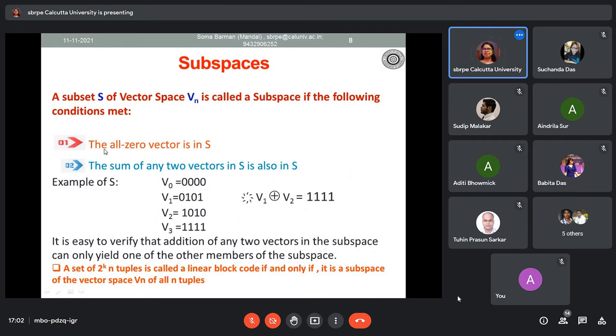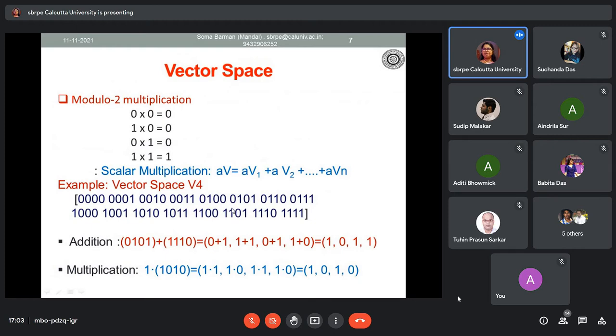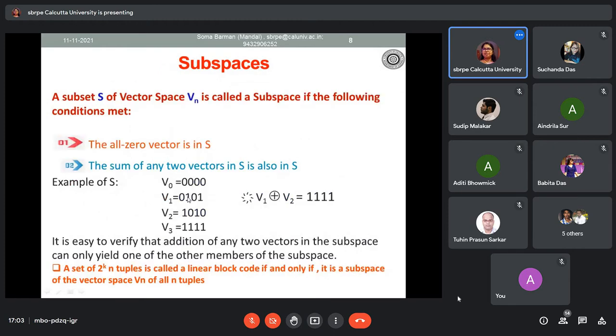Property number 1, the all-zero vector is in S, and property number 2, the sum of any two vectors in S is also in S. These are nothing but the properties of the linear block code. Now, V0, the first element of the V4 space, is 0, 0, 0, 0, and another element taken is 0, 1, 0, 1.